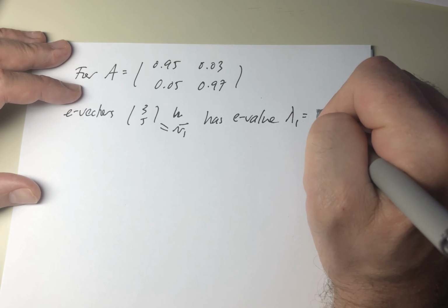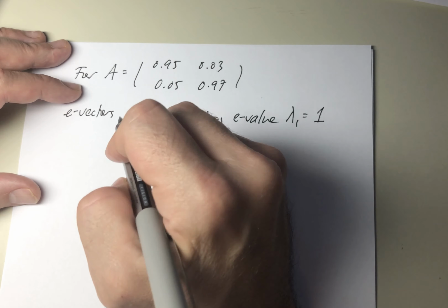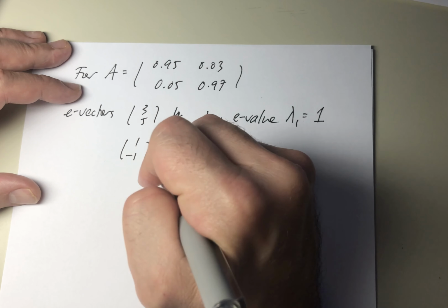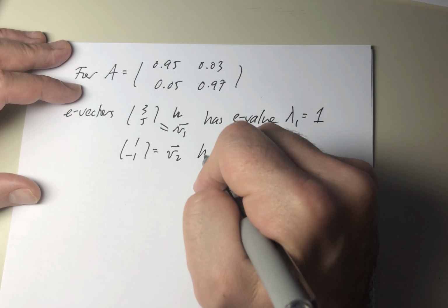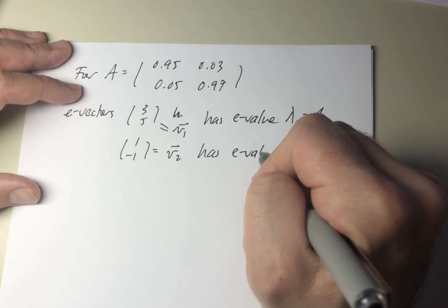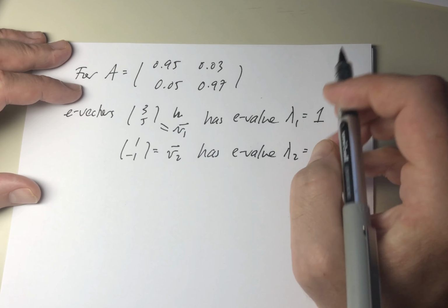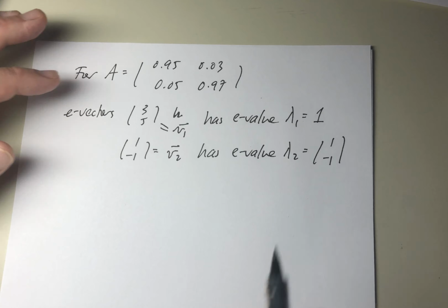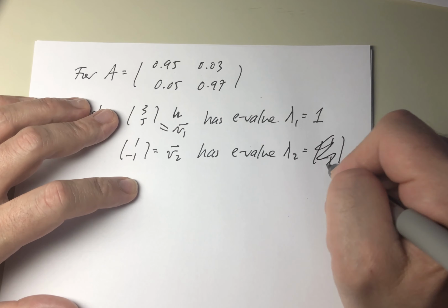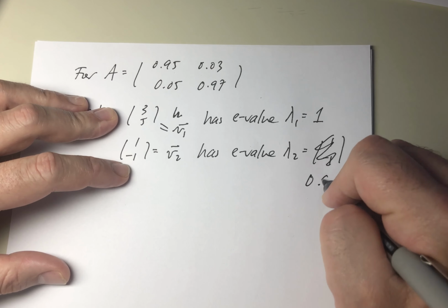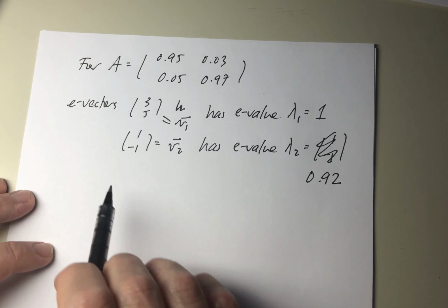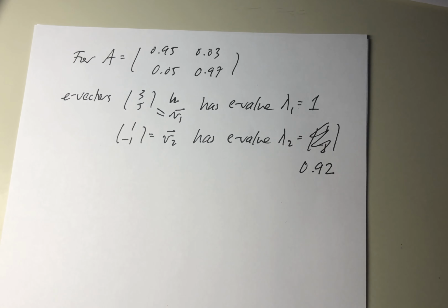You can check that. And another eigenvector is going to be (1, -1). Let me call this V2. This has eigenvalue lambda 2, and that should be a number. So this eigenvalue is 0.92. Okay, so the vector is (1, -1), and the value is this number.